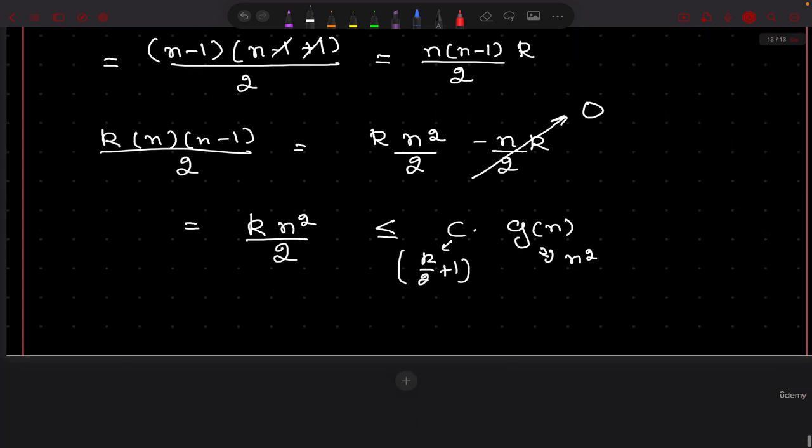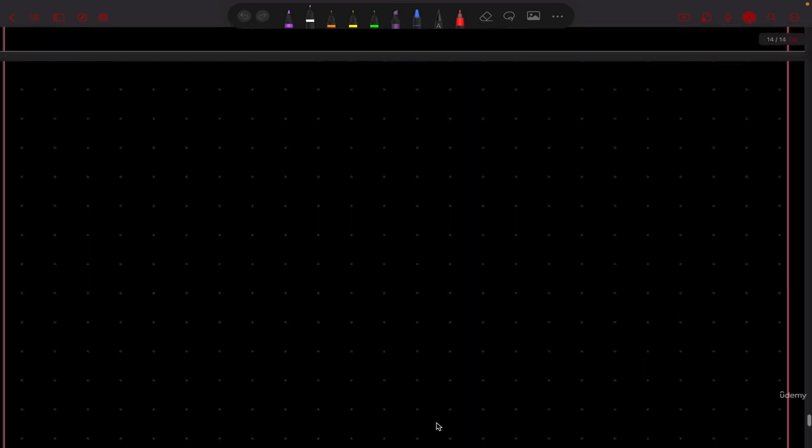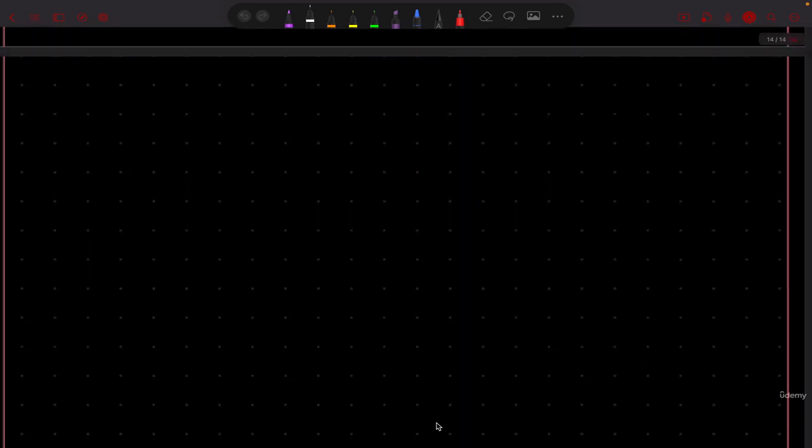If I have created this upper bound, let me add another page. Okay, then I know g of n is something which is n square, and as we have very nicely understood about the big O complexity, my complexity finally is going to be O of n square, right? So let me write it as well.